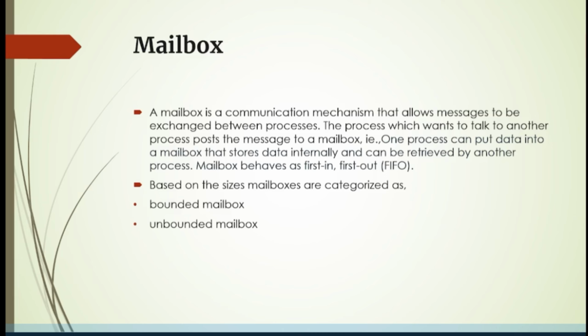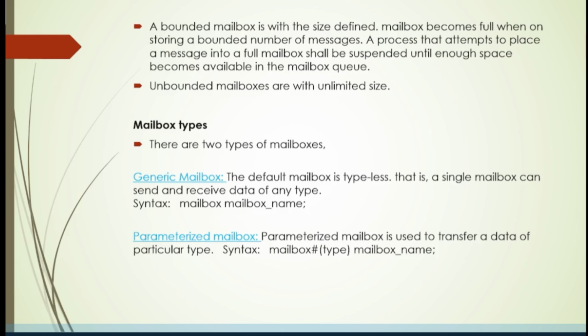When you mention a size for the mailbox, it is a bounded mailbox. If you are not mentioning any size, that means it is unlimited in size, and in such cases it is an unbounded mailbox. So depending upon the size that you choose for your mailbox, it can be either bounded or unbounded.